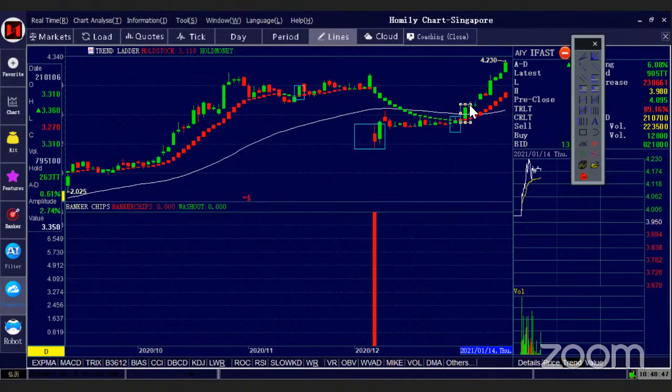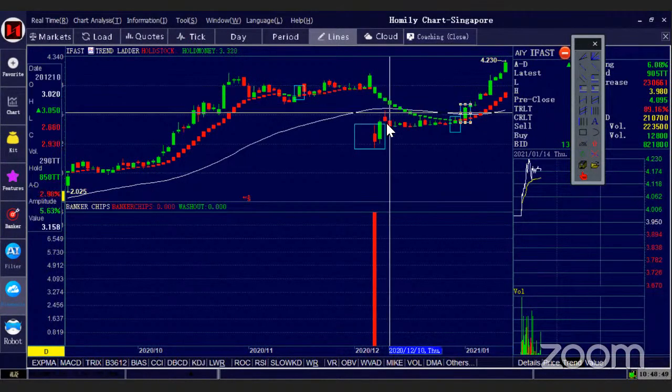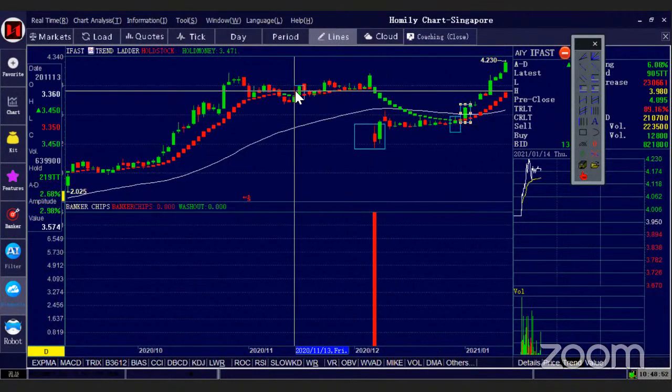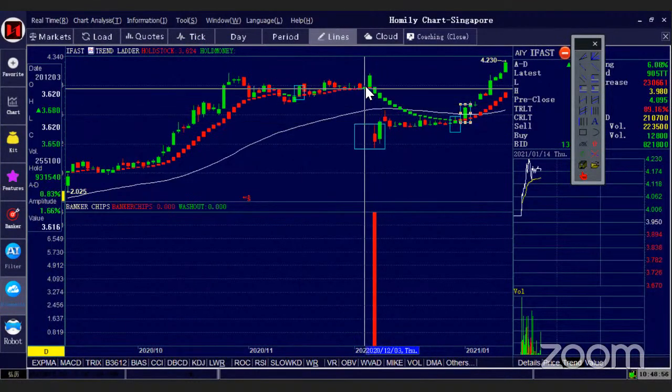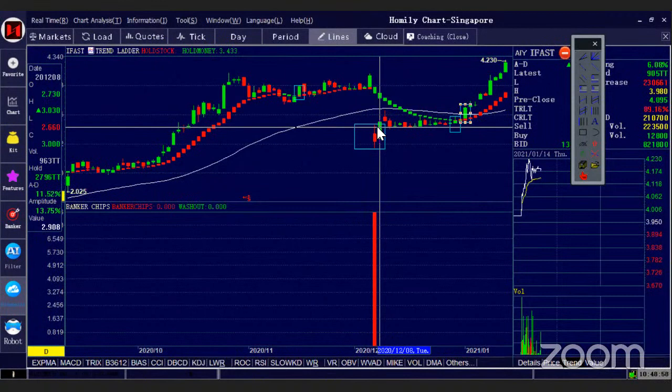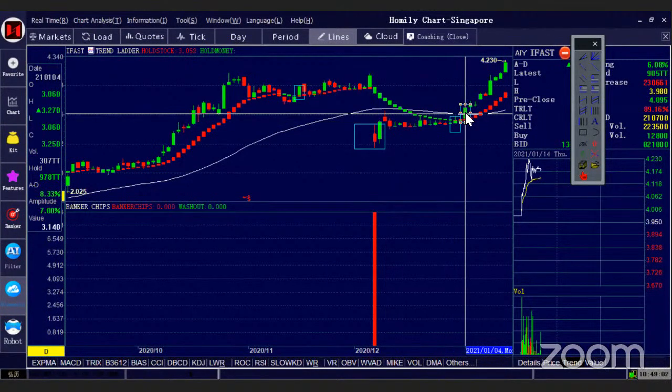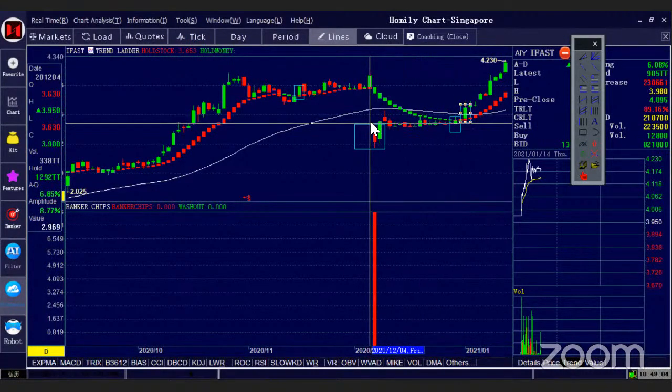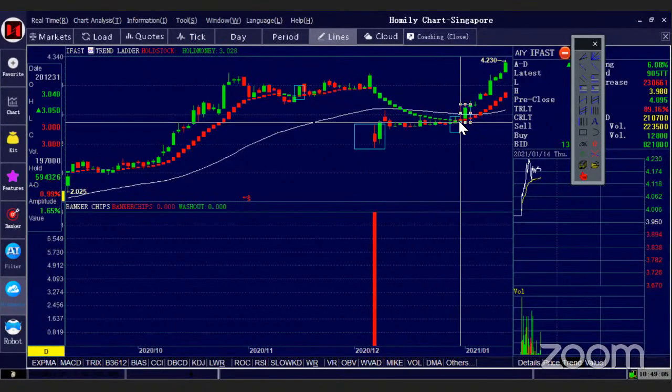But the key point is, if you didn't buy here, like me, you were not trapped after this big downward gap. When is the best chance to buy? Here and here, when the price is above the banker's cost area and the trend ladder turns red.